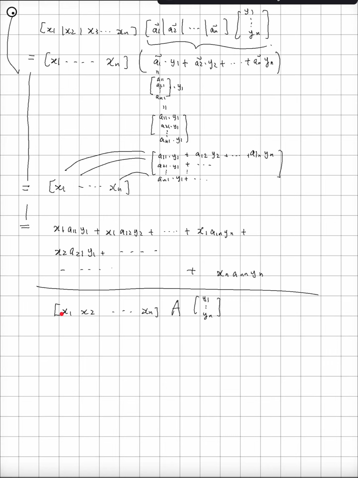Namely, if you first do this, it would be first row first column, first row second column, and then again denote the column vectors like this for A. Let me write one more step: this is x transpose as a matrix, multiplication with the first column, and then matrix multiplication with the second column, and then here we have y.